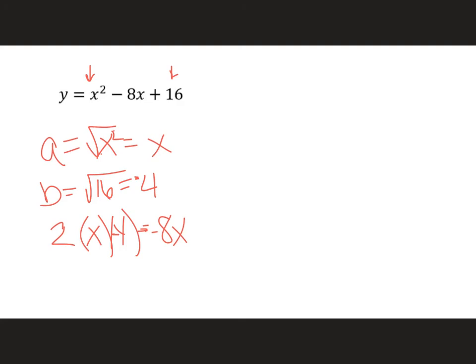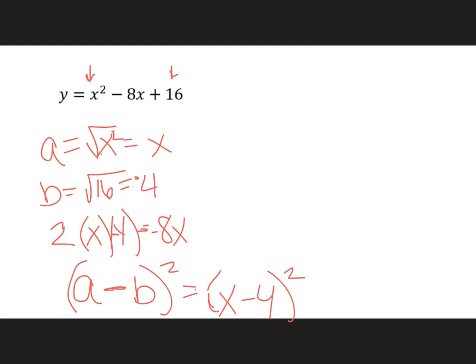It really doesn't matter if that middle term is positive or negative. Since it is negative, when we write this, it would be a minus b instead of a plus b. So we would do a minus b squared. And for us, that would be x minus 4 squared. So that would be our factored form.